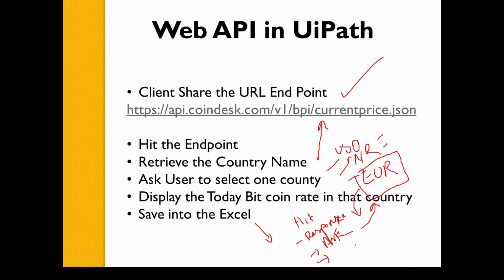If the user selects EUR, then the EUR Bitcoin rate; if they select USD, then the USD Bitcoin rate. Then we create a table, and finally that table will be stored in Excel. Hope you understand. This is an example.